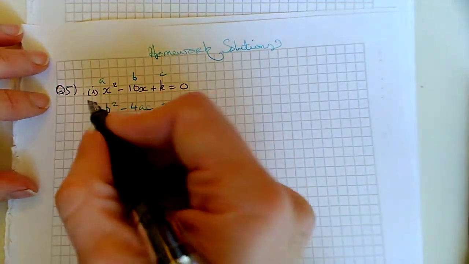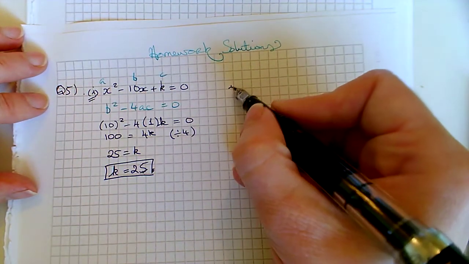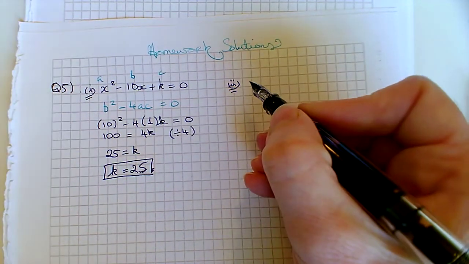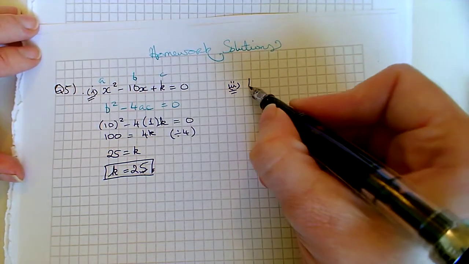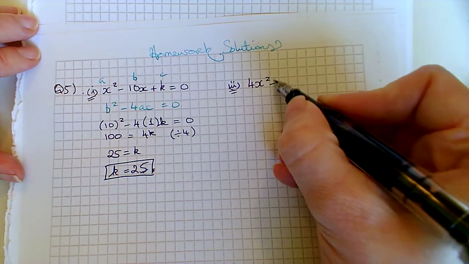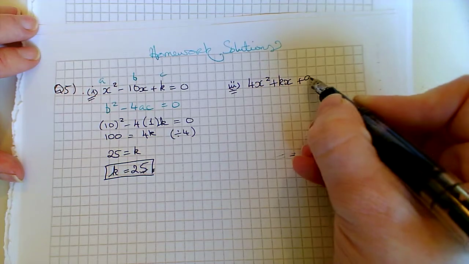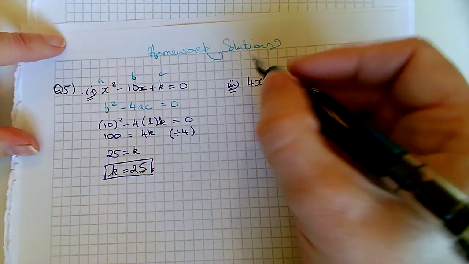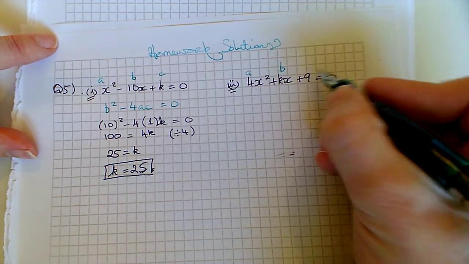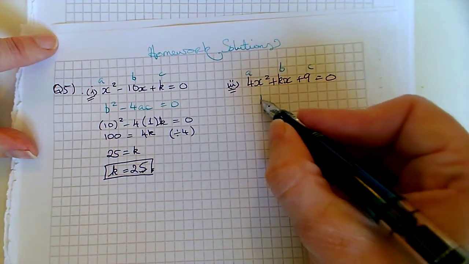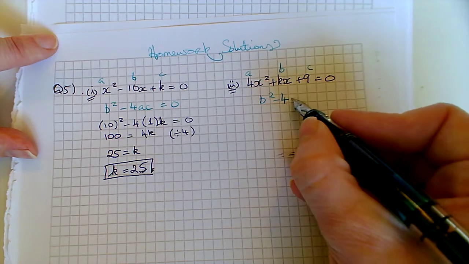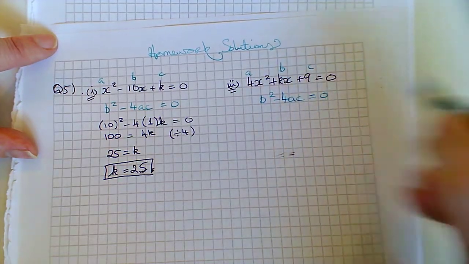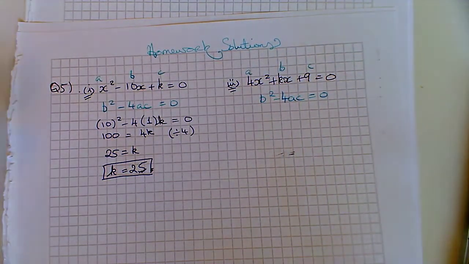So hopefully that first part was something that everybody was able to do. The second part, 4x squared plus kx plus 9 equal to 0. And in this case, it's the b value that's going to be k. So again, we're filling into the discriminant. b squared minus 4ac is equal to 0 if this has equal roots.